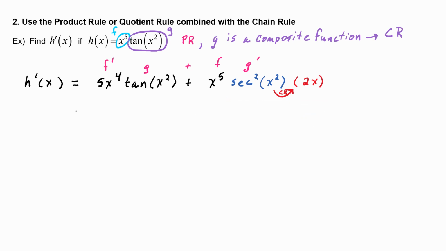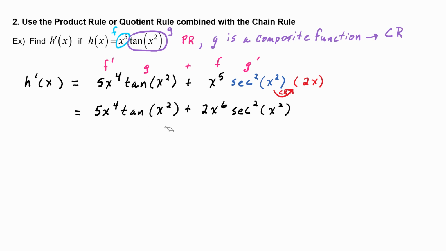So now let's clean up this derivative a little bit. We've got 5x to the fourth tangent of x squared plus, we've got this 2x out here that's going to multiply the x to the fifth. So we have 2x to the sixth secant squared of x squared.